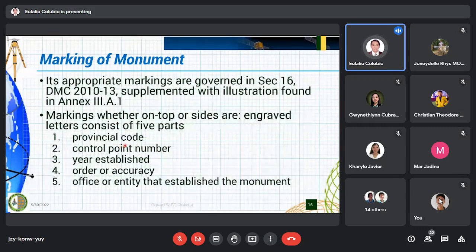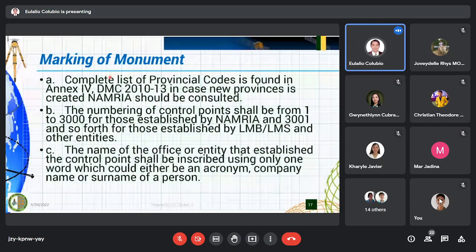So for the complete list of the provincial code, just look at the Annex 4 of the MC, no? If in case na ay bago nga provinces, no, kay sige man nagkuha ng mga congressman, o himog province.